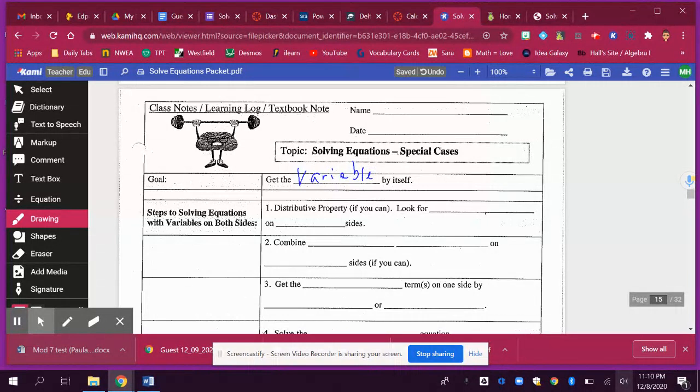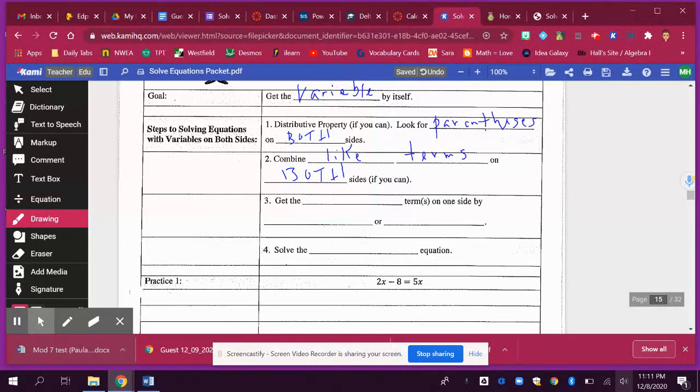Our steps to solving equations with variables on both sides is the distributive property if you can. So you're going to look for parentheses on both sides. If you have parentheses, you're going to be using the distributive property. Step 2, you're going to combine like terms on both sides if you can.